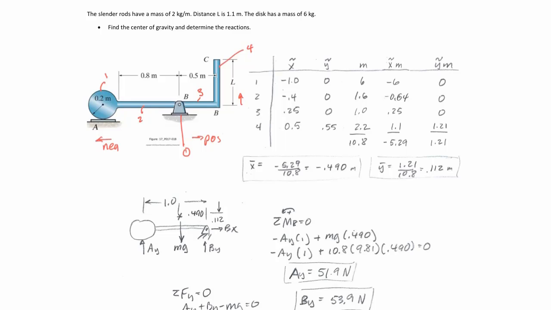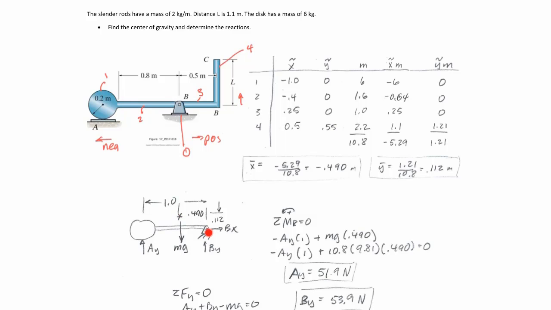So again, you've done this before several times. Sum the masses, sum all the products, and you get x bar and y bar. Then if you draw a free body diagram to try to find the reactions, you can just keep this side of the shape and draw the reactions. You've got an AY, you've got a BY, and you've got a center of gravity, which is located 0.49 from this direction.